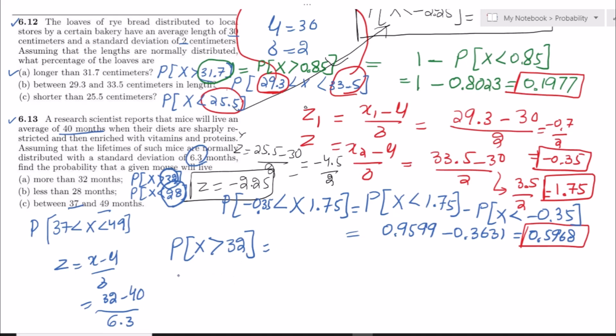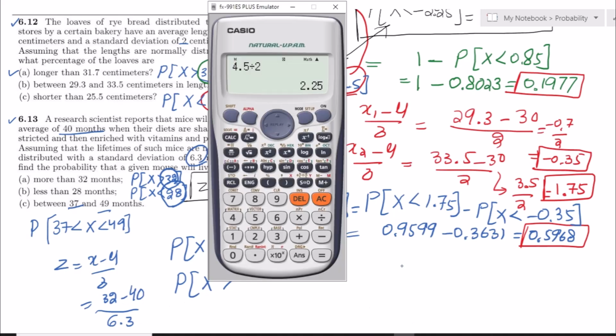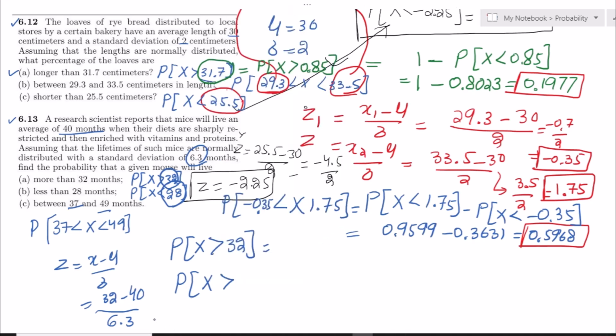So x is greater than some value of Z, and that value is minus 8 divided by 6.3. So 8 divided by 6.3 is 1.27. So here it is minus 1.27.